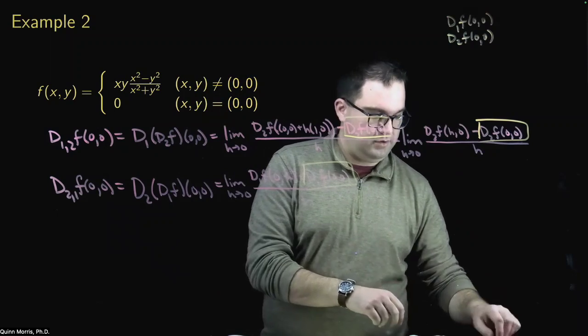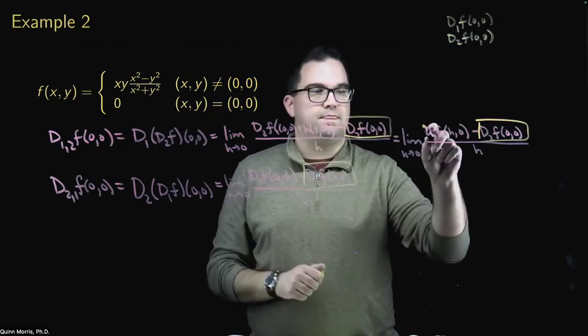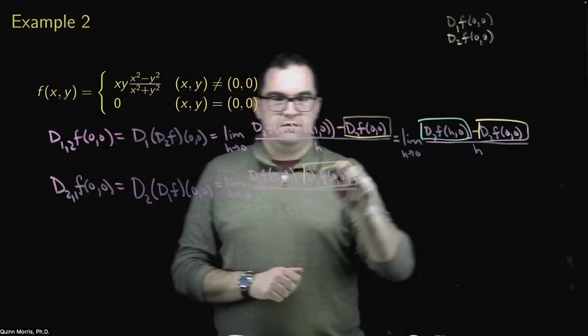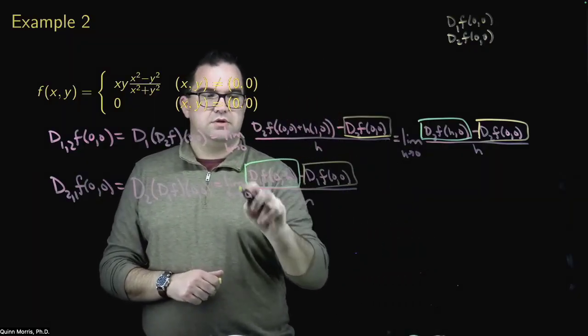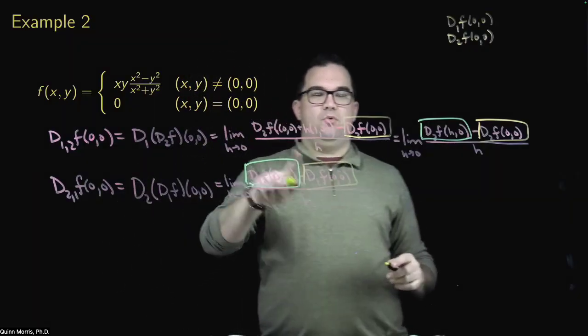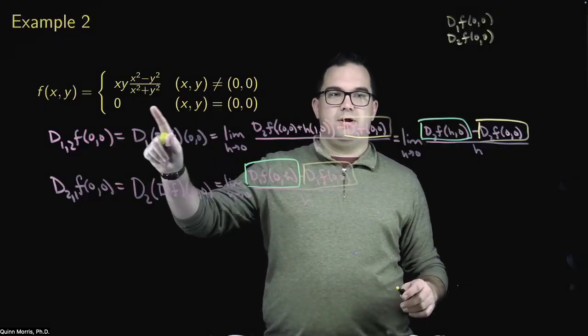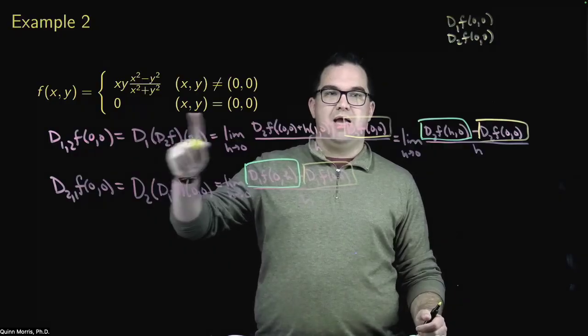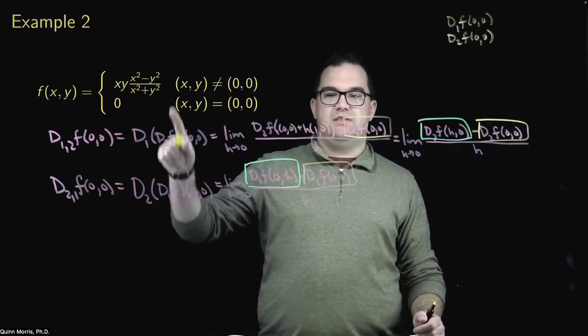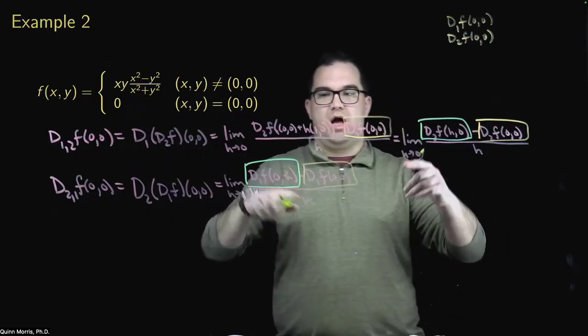These are at a point that is not 0, 0. So I need the first partials at 0, 0, and I also need the first partials at points that are not 0, 0.